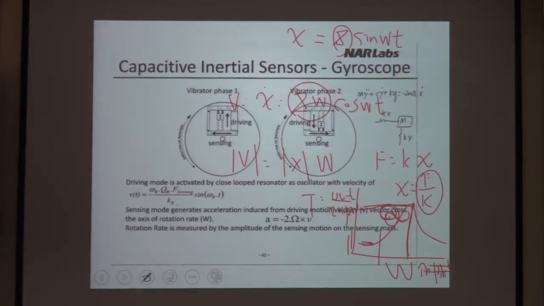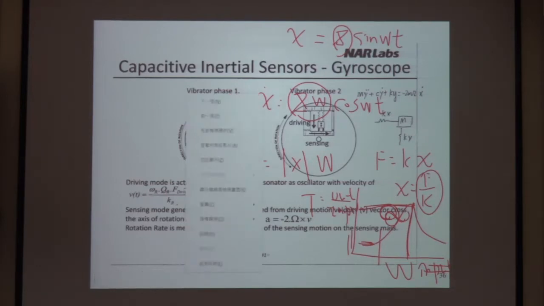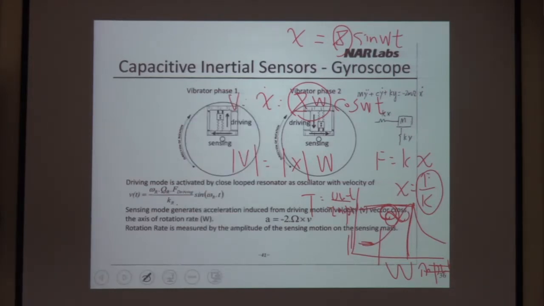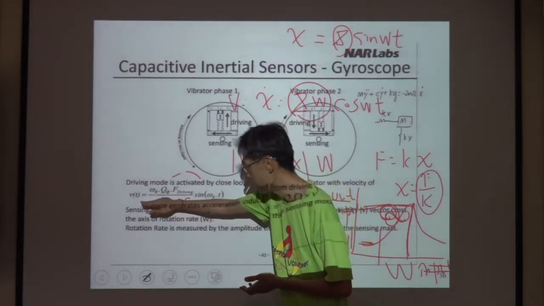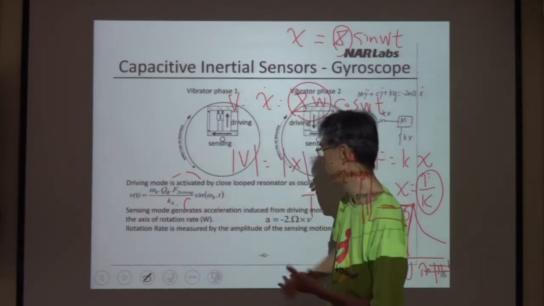F divided by K is the amplitude x, and at resonant frequency, the x is amplified by Q. And the amplitude times omega r is the amplitude of velocity. So that's why we have this expression.